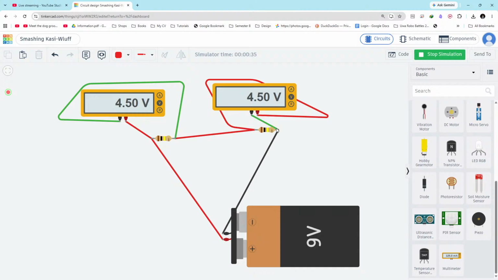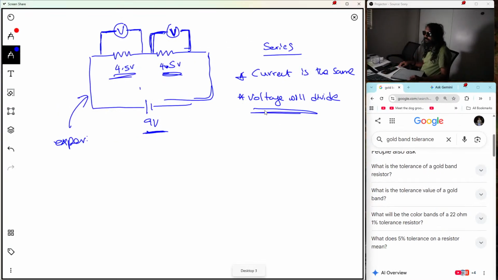Current will change because the resistance of the overall circuit is now different, right? But the voltage will be divided in the same proportions because both are having the same value, right? So we found that the voltage will be 4.5 volts across each resistor, right?